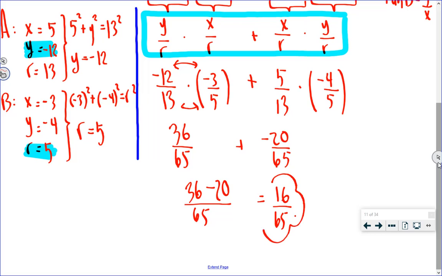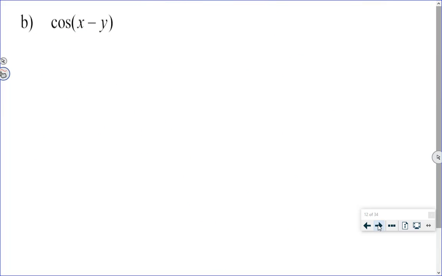This is our answer. Any questions with A? Okay, so I mentioned that we would spend about 10 minutes on A. That's not bad, it was 7 minutes, but look how easy questions B and C are.